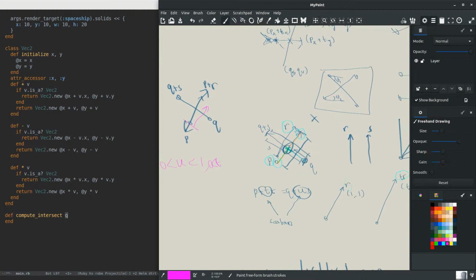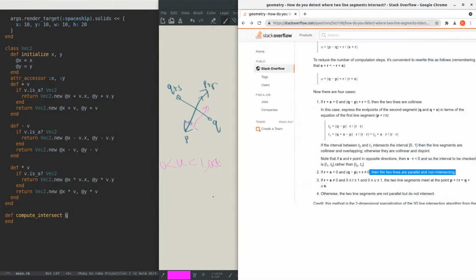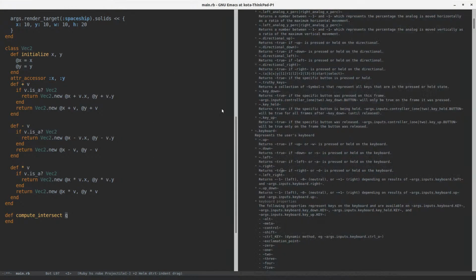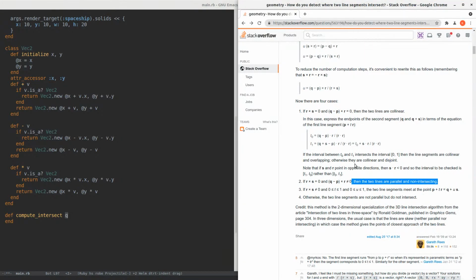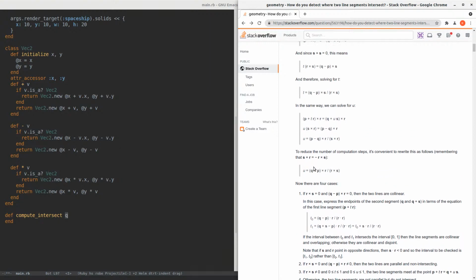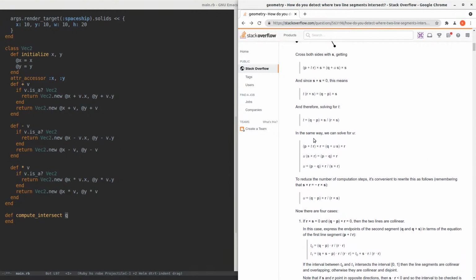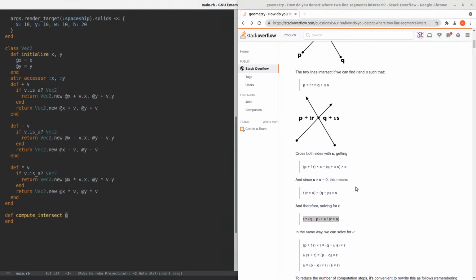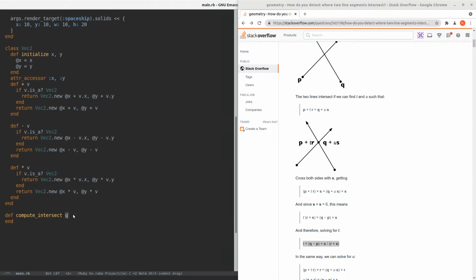So P, and actually let me bring this guy over here. We'll just implement this as is. So what we want here is P, comma R, and Q, comma S. And so these are our vector points.